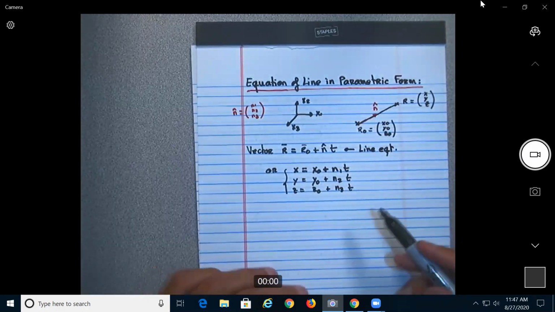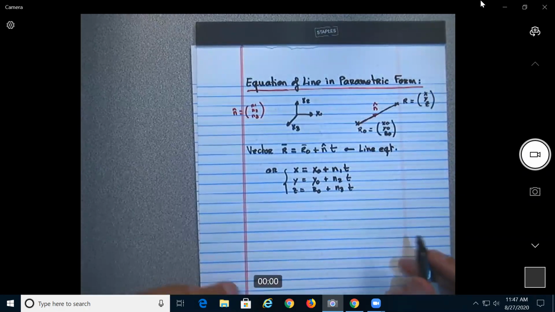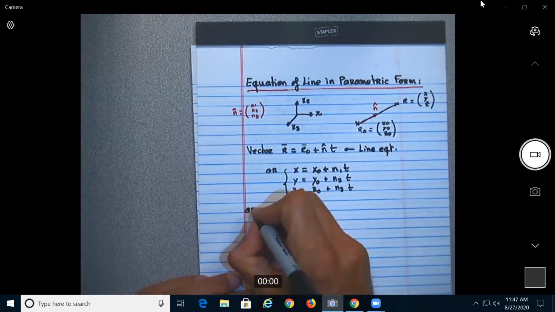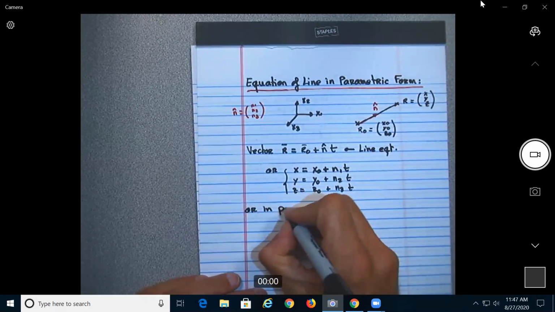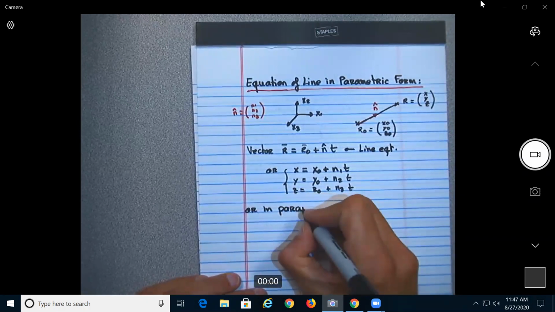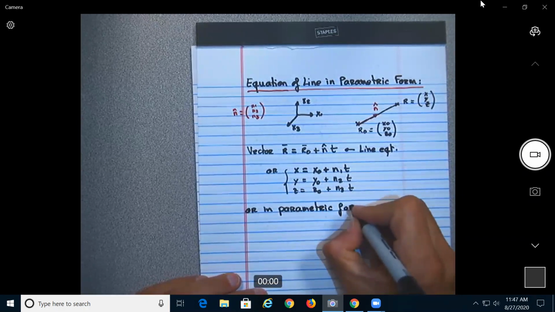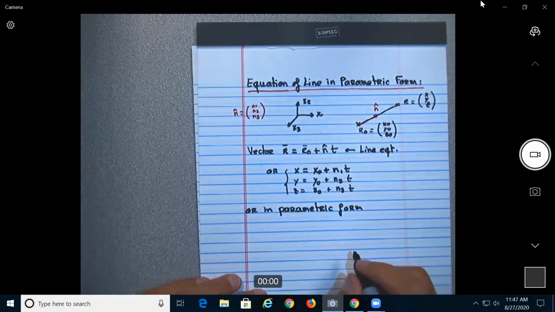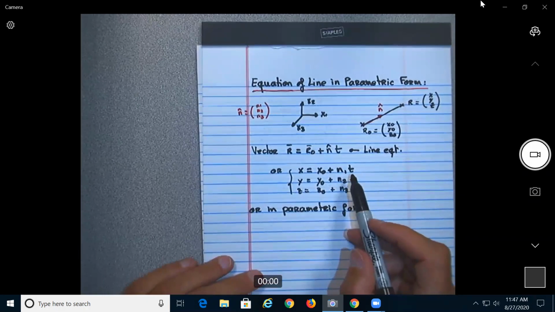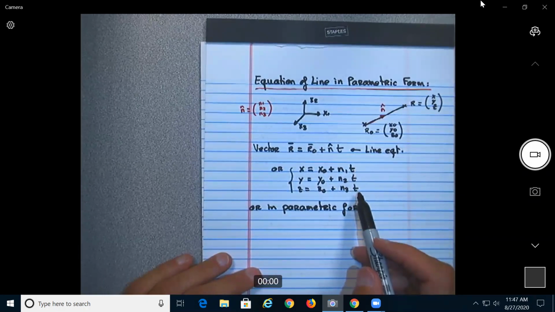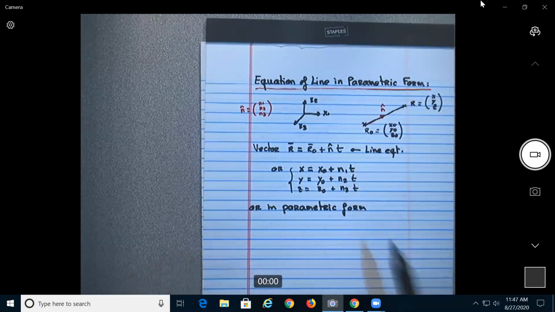Okay, now if I want to put it into parametric form, what do you do? It's very simple. What is the variable that is common to all three equations? It is t, which will be equivalent to the slope.